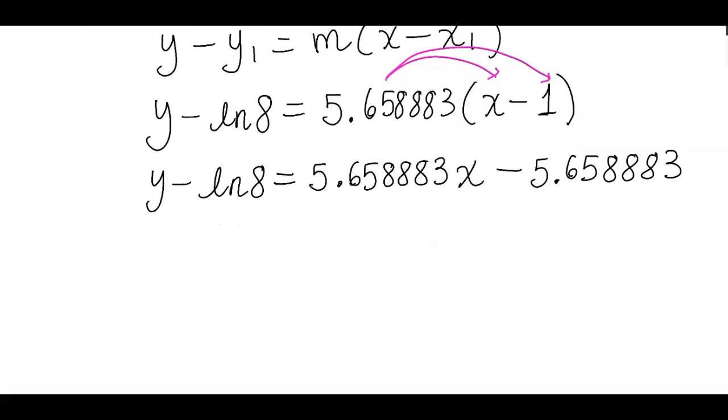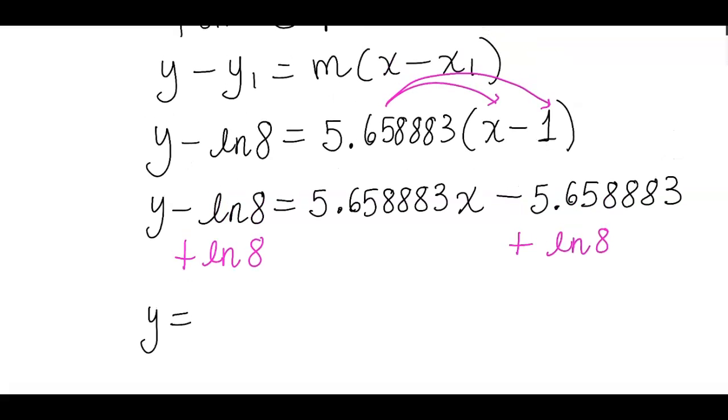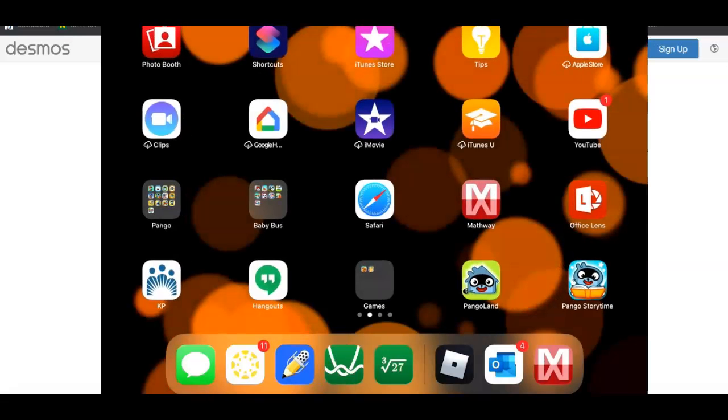And all I now need to do is to add natural log of 8 to both sides, and that will be my y-intercept. So y equals, and hold on, I think they wanted us to round the answers to the nearest hundredth.